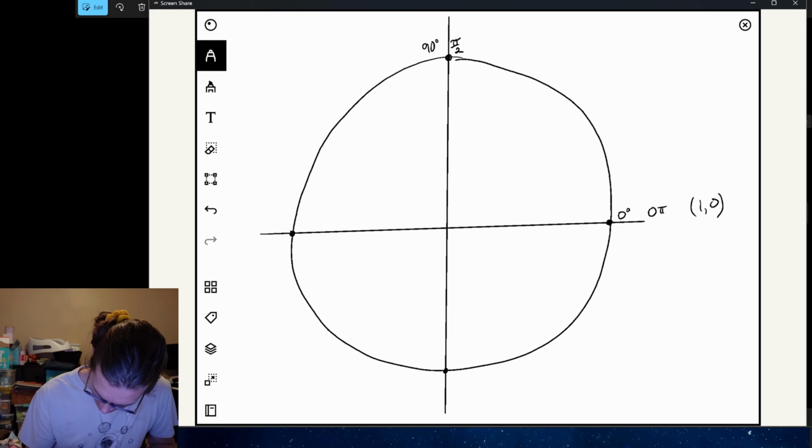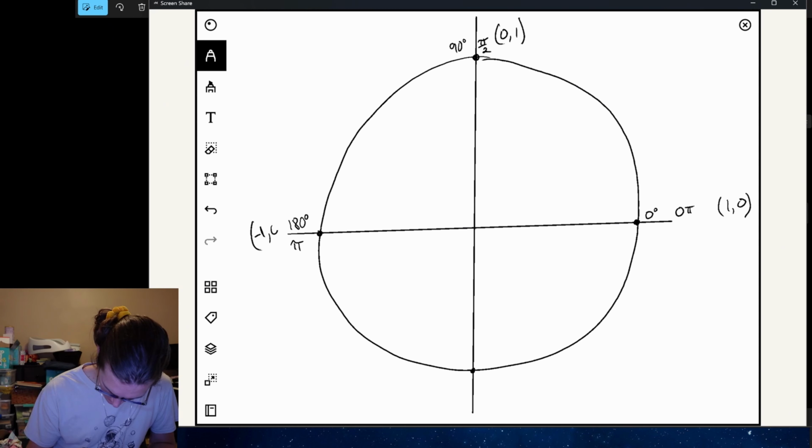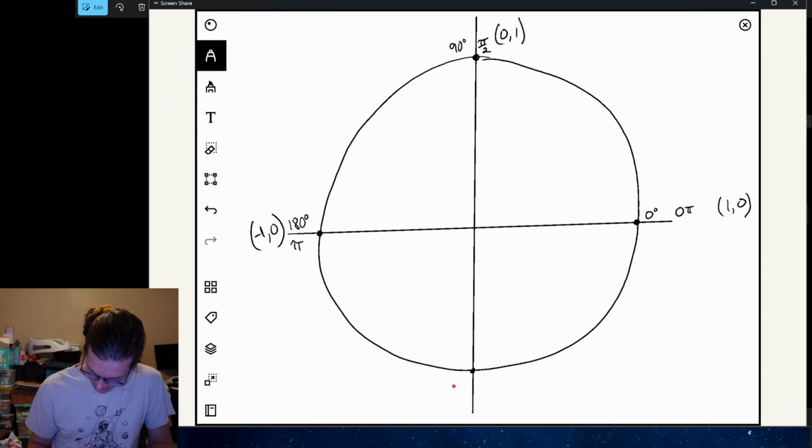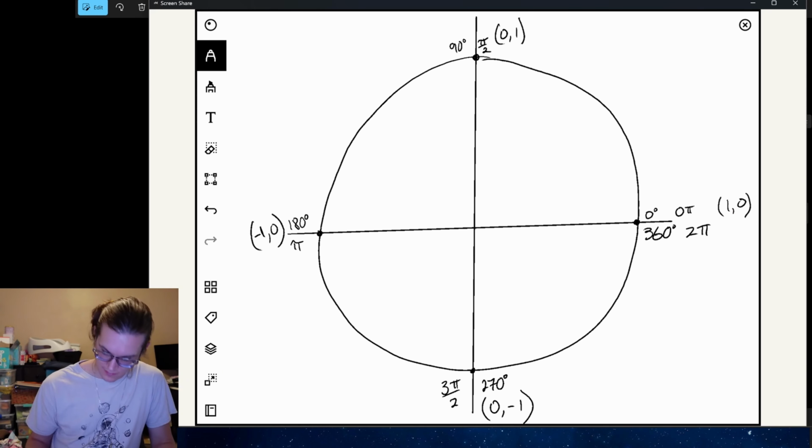Our coordinate is 0, 1. And over here we'll have 180 degrees, pi. Our coordinate is -1, 0. And then we have our south pole here, 3 pi over 2, which is 270 degrees. And the coordinate is 0, -1. And then a full rotation is either 360 degrees or 2 pi, and it's the same coordinate, obviously.